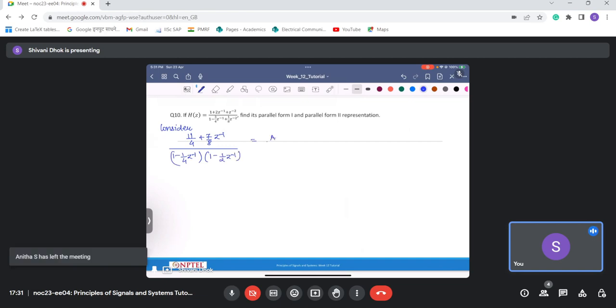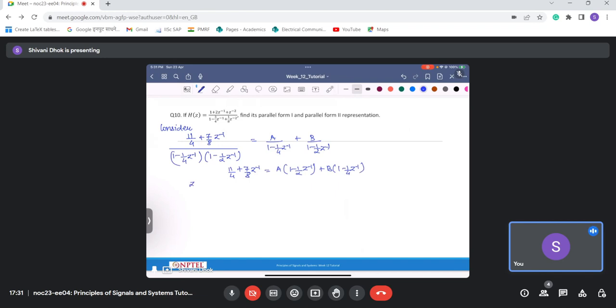I can write it as A upon (1 minus 1/4 z^-1) plus B upon (1 minus 1/2 z^-1). So what I have is 11/4 plus 7/8 z^-1 is equal to A into (1 minus 1/2 z^-1) plus B into (1 minus 1/4 z^-1).